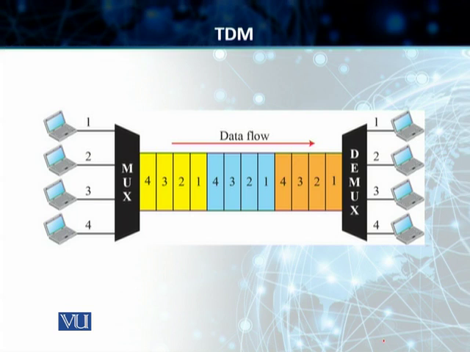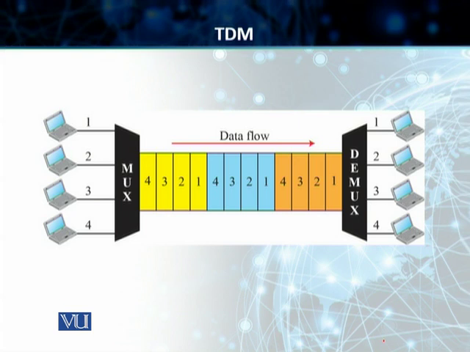So students, what you see on the slide is that we have got 4 different data streams. In this particular case, they are sharing one high bandwidth channel, and they use this digital multiplexing technique, the time division multiplexing, in which the digital data from different sources are combined onto one time shared link.